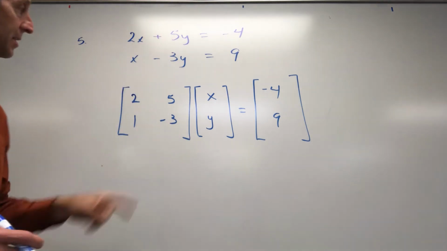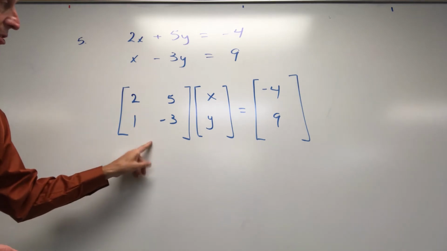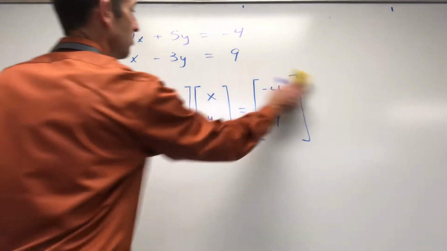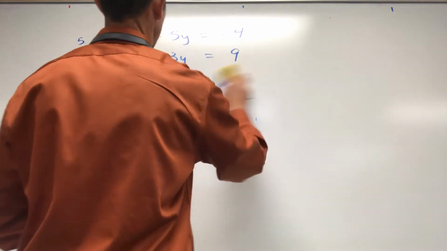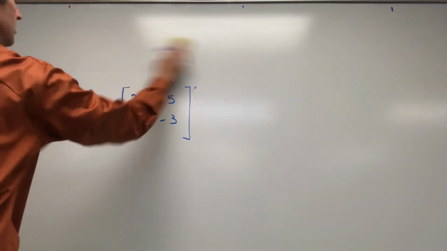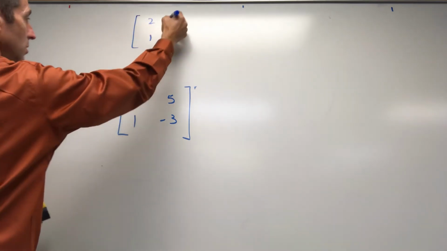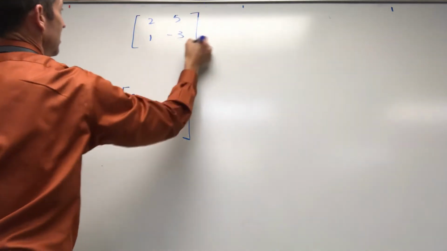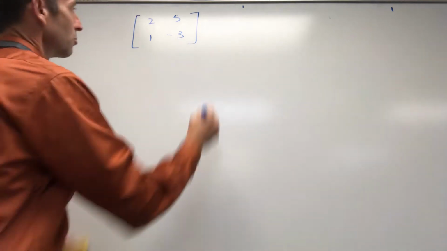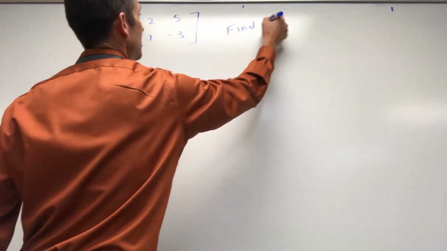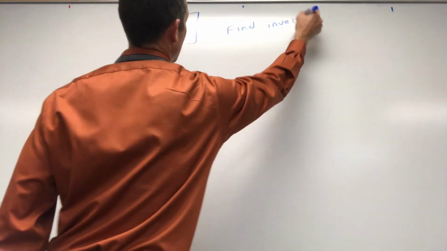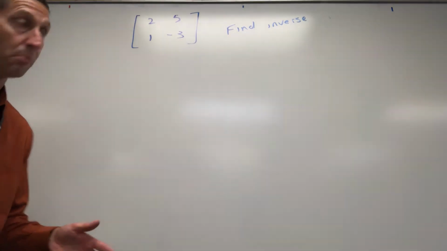All right, second step, we're going to grab this 2 by 2 right here, and we're going to find its inverse. Let me write it up higher where I can work with it. 2, 1, 5, -3. So we're going to find the inverse. And remember, inverse is 2 parts.